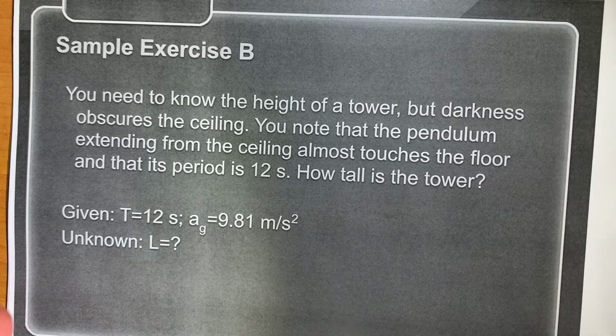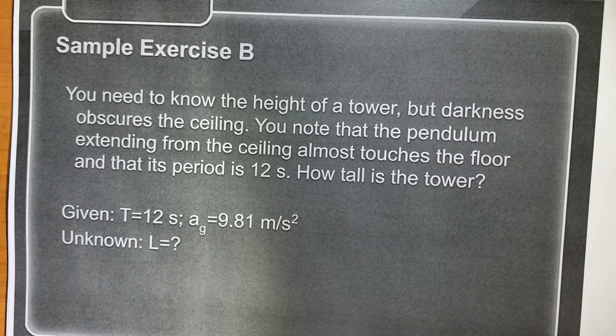Well, inside, someone has conveniently placed a pendulum that appears to reach from the very top of that tower all the way to just a fraction of a hair from the bottom floor, which is great because now we know that we can use the equation to find the period.